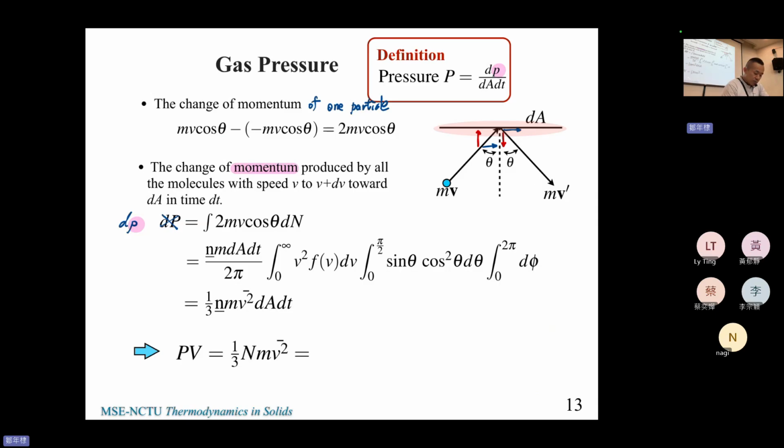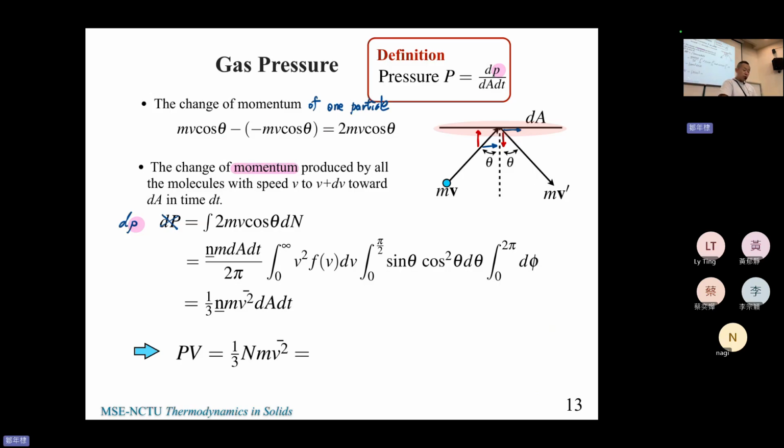And the change will be double, 2 mv cosine theta. So each particle bumping into the wall generates 2 mv cosine theta change of momentum. Okay? So this is one particle, 2 mv cosine theta.